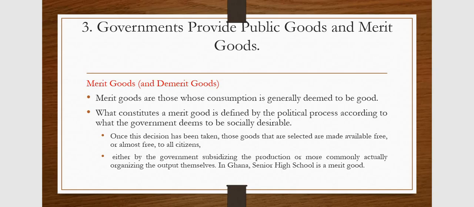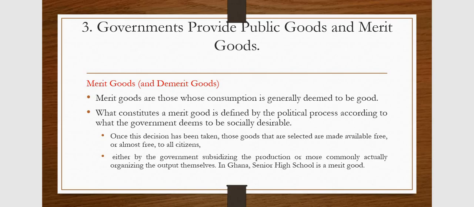Either by the government subsidizing the production or, more commonly, actually organizing the output themselves. In Ghana, senior high school is a merit good. So the government can make the senior high school free, or he can also subsidize it. He can put a price on it, but subsidize it.